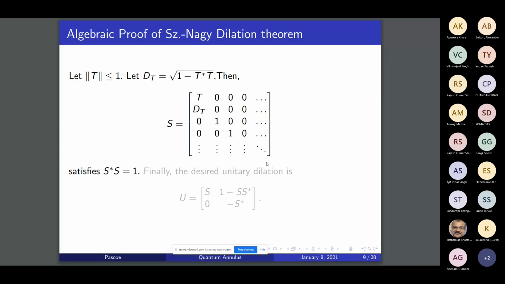So let's stare at that for a moment. If you look at this S, what's nice about it is that it is an isometry. You can argue that it's an isometry either by formally evaluating S star S or by reasoning that if you hit this with a vector, you would get out a vector with the same norm.